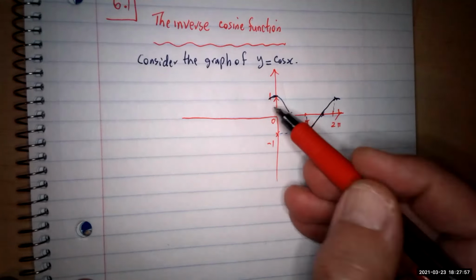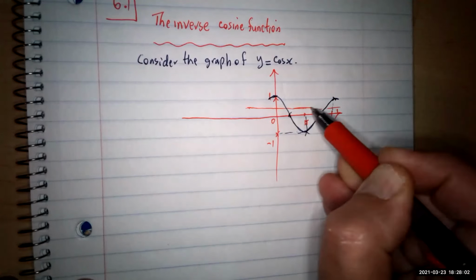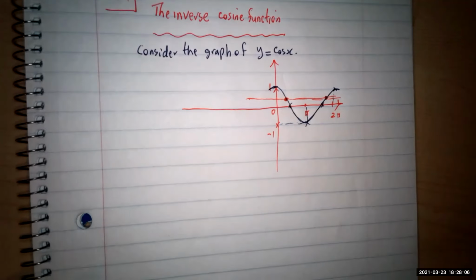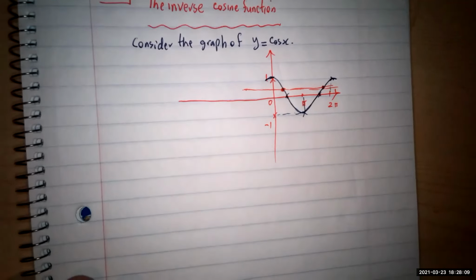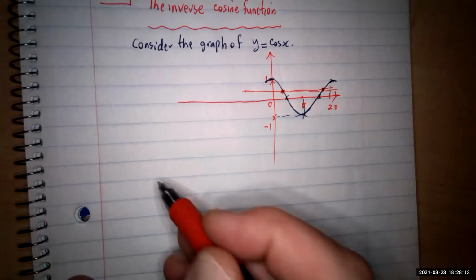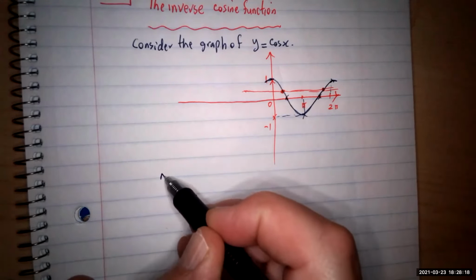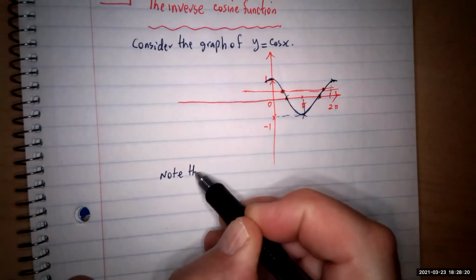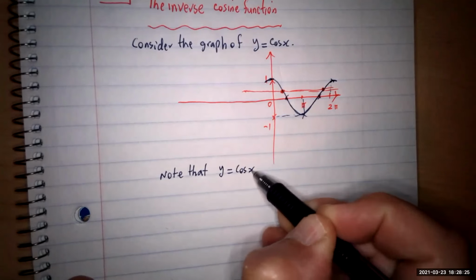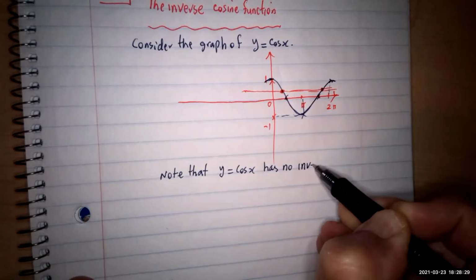But if you take the horizontal line, as you can see, it intersects the graph at 2 points. So this means in the natural domain, this function has no inverse. Again, we note that that's one of the difficulties with the trigonometric functions. Note that y equal to cosine x has no inverse.